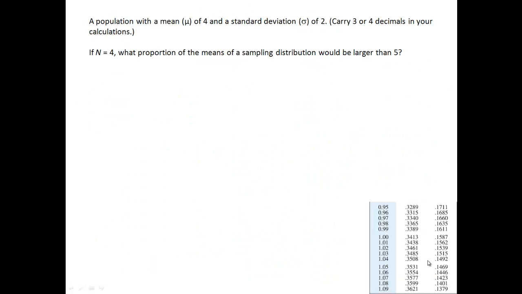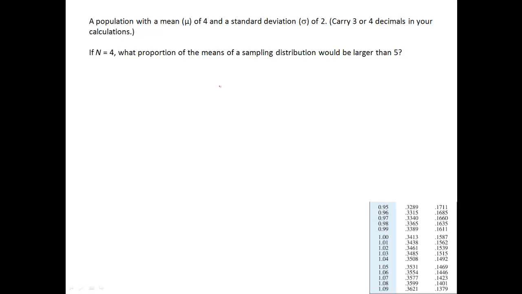Last example. In this one, I do know the population standard deviation. That's what makes this one unique from the others. I know that the population standard deviation, sigma, is 2, and it matches a mean of 4. And this is actually really important because in this example, they don't give us a sample that actually has numbers with it.